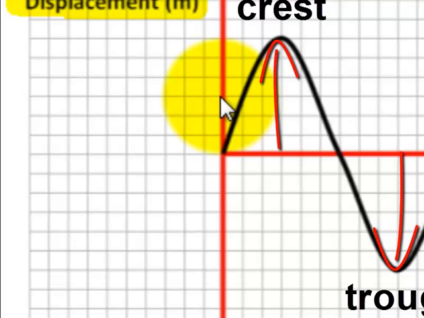You can see that. When the distance is 2, the displacement is 5. And when the distance is 3, then the displacement is 6. Now when the distance is 4, the displacement is 5.